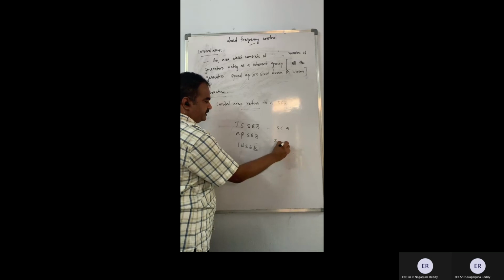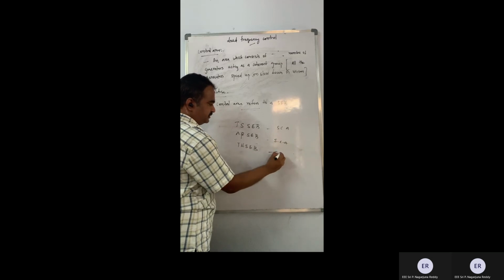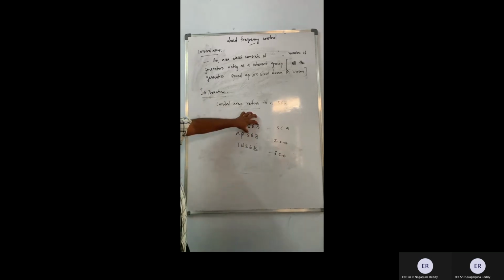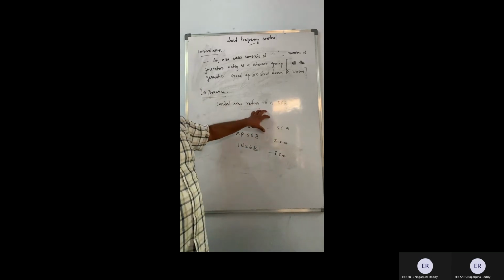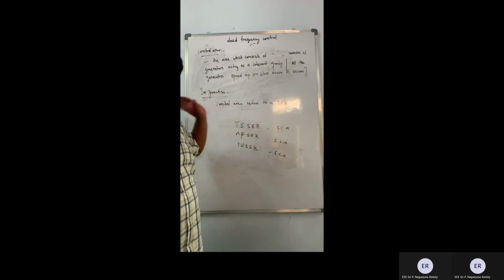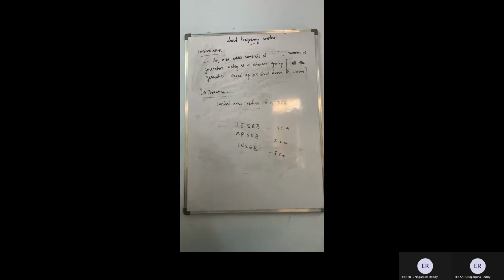This is also a single control area. AP state electricity board, Telangana state electricity board, Tamil Nadu state electricity board. In this particular control area, all the generators which do come under this Telangana power generation area, they will work in unison to maintain the same frequency. Okay. So this particular is called as control area.